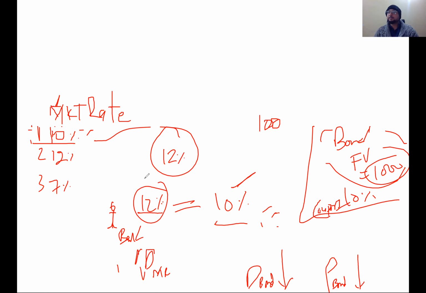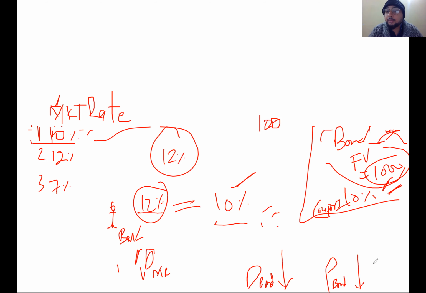When I go to the market and want to sell my bond, I say, look, this is worth 1,000 and the company is going to give you back this $1,000 after 3 years. What will the others say? Look, we know this bond gives 10%, and we are better off saving our money with the bank at 12%. So we are ready to buy this bond from you if you are ready to lower the price.